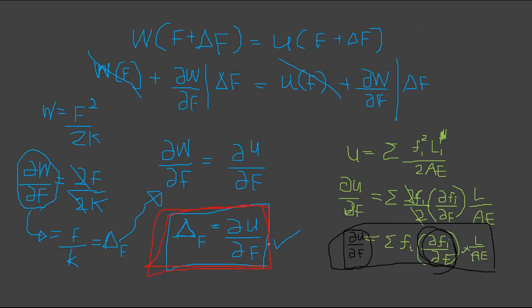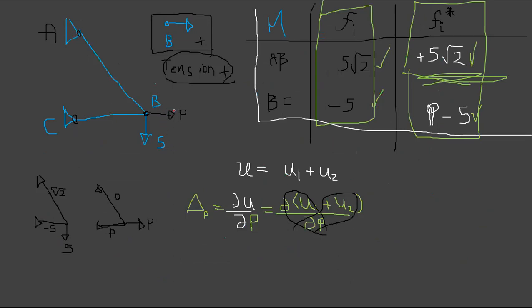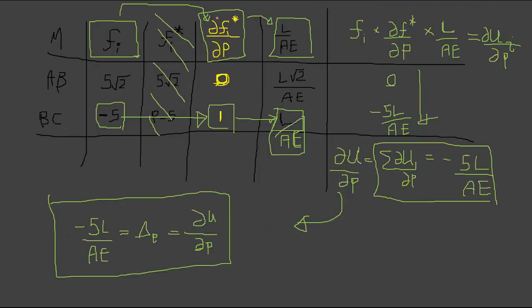Okay. When you differentiate the strain energy with respect to the force applied, that gives you the displacement in that direction, along the applied force, right? So we apply not a unit force this time because we have to differentiate with respect to that force. So you will apply a P force, and differentiate with respect to P. Then multiply that differentiation with the original force and the L over EI term.